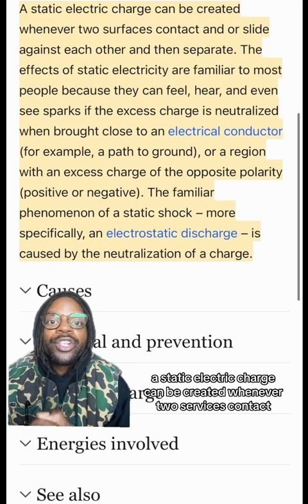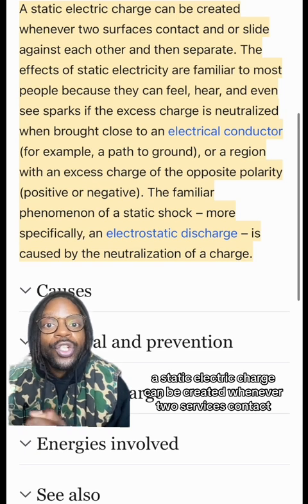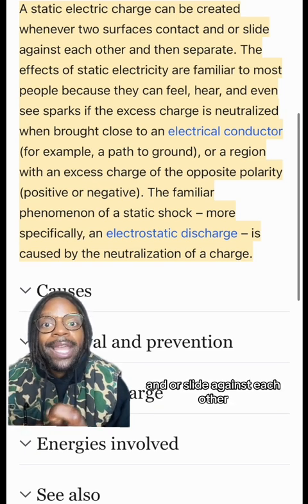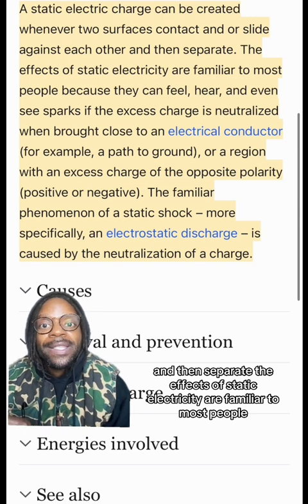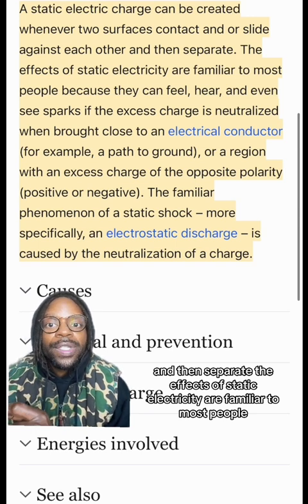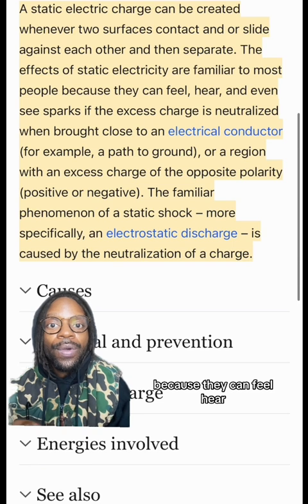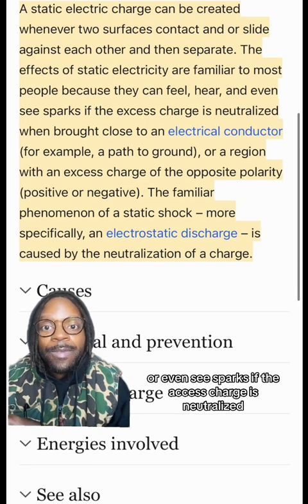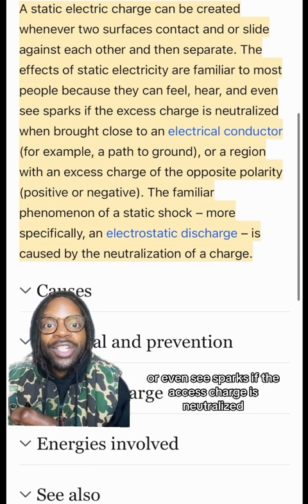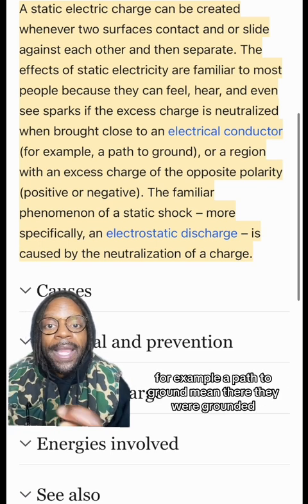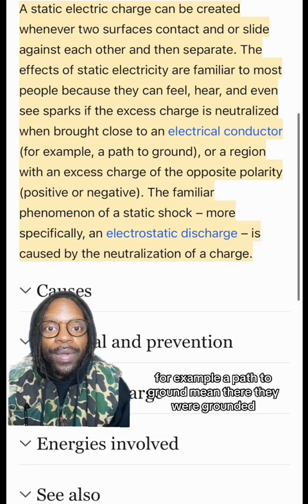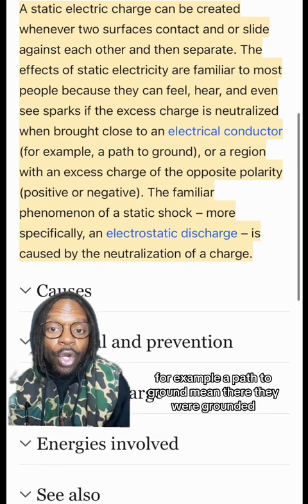A static electric charge can be created whenever two surfaces contact and or slide against each other and then separate. The effects of static electricity are familiar to most people because they can feel, hear, or even see sparks if the excess charge is neutralized when brought close to an electrical conductor, for example, a path to ground, meaning they were grounded.